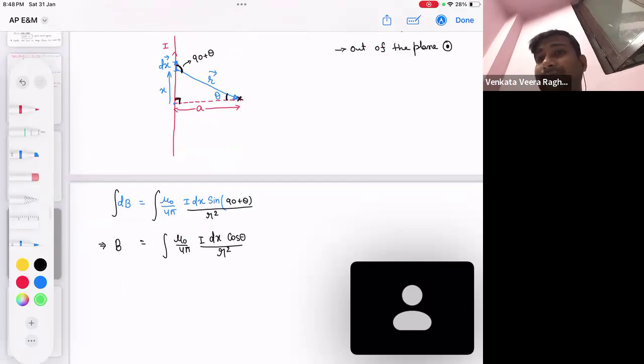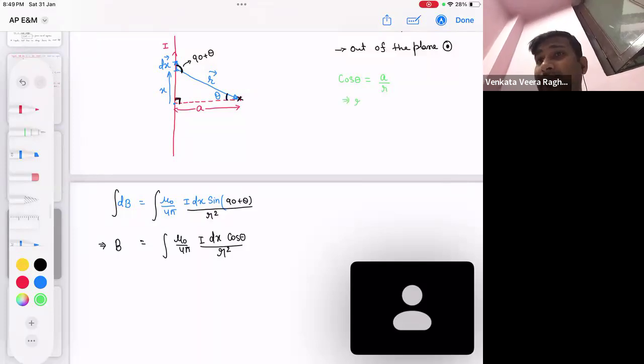Let's see. Look at the diagram. Can we write cos theta equal to a by r?